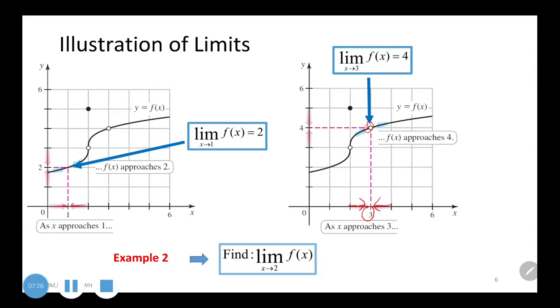Okay class, so from here the example asks us to find what is the limit for the function f(x) as x approaches 2. Then it should be 3. So the answer should be 3.